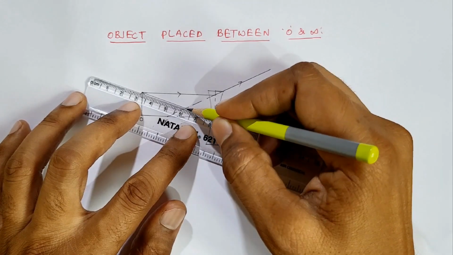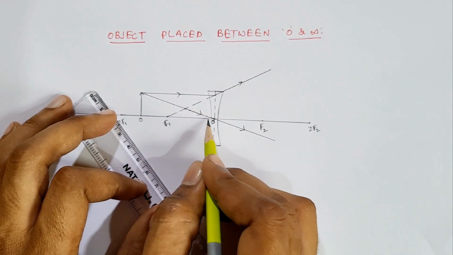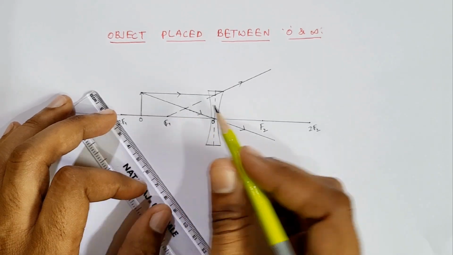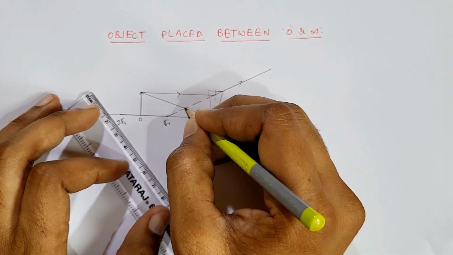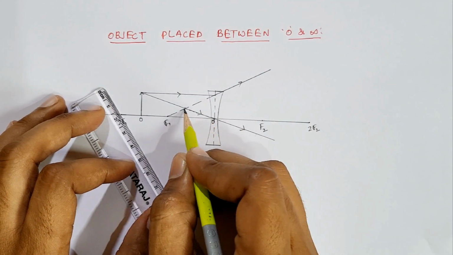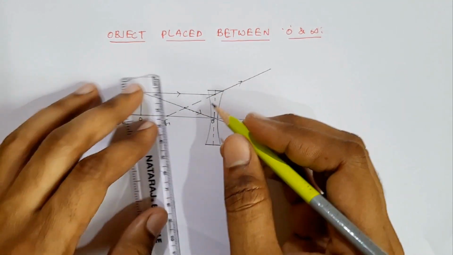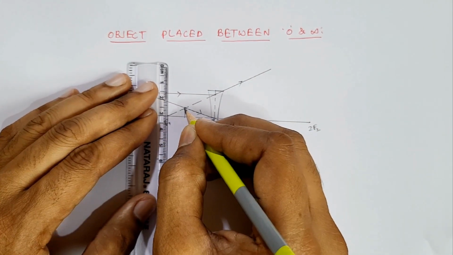But those dotted lines lie upon this line only, so you will not be able to see that dotted extension. Now this light ray is extended back, this light ray is also extended back, and they both meet at this point. Correct?